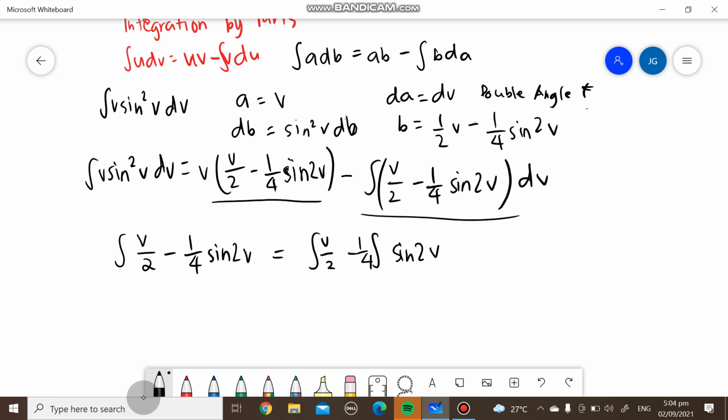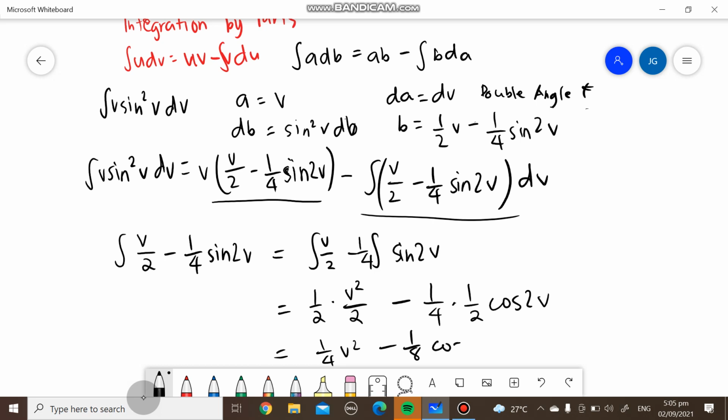So, the integral of this is just 1/2 v raised to 2 over 2. So, magkakaroon ng 1/4. And then minus 1/4 times 1/2 cosine 2v. So, magkakaroon ng 1 over 4 v squared minus 1 over 8 cosine 2v.